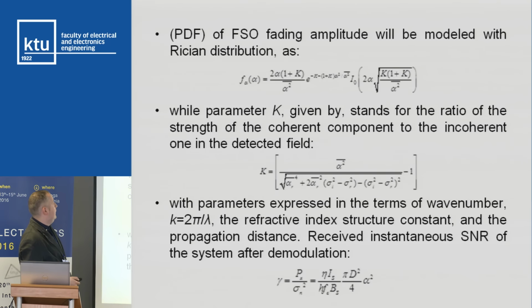modeled by Rician distribution. And we have 2 or 3 major parameters here, and the most important is the K parameter. K parameter is defined by this expression, and inside this expression we can define other system parameters like wavelength, then the refractive index structure, and propagation distance.